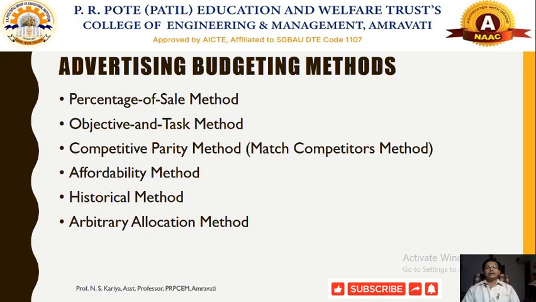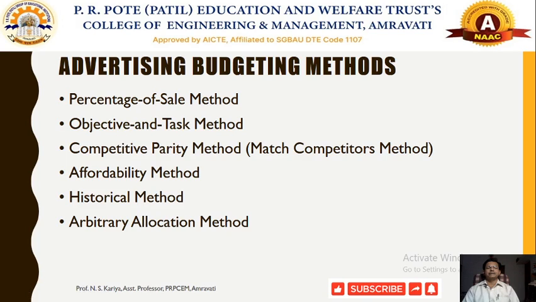This is called advertising budgetary methods. The first one is called the percentage of sales method. The second one is called the objective and task method. The third one is called the competitive parity method, which is also called the match competitors method. The fourth one is the affordability method, or affordable method.